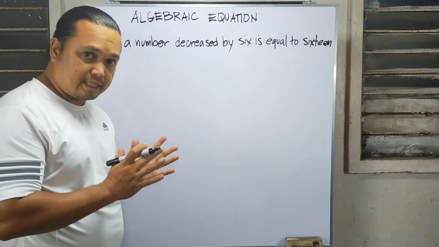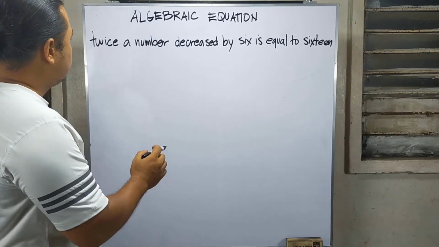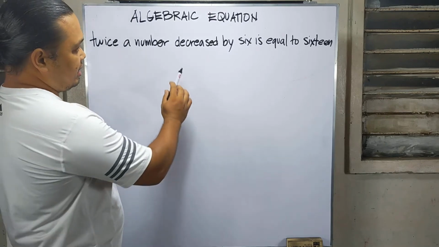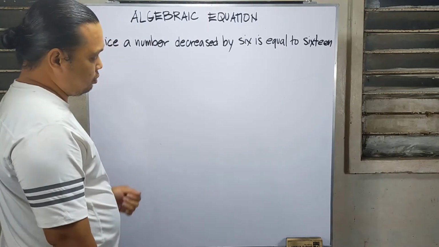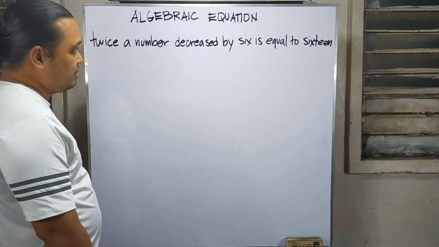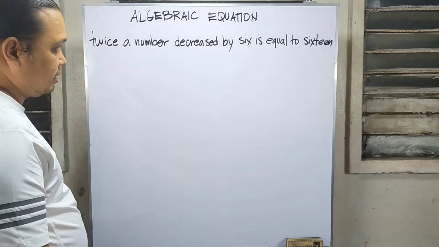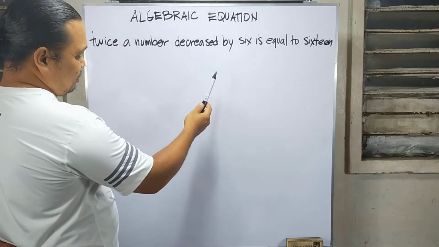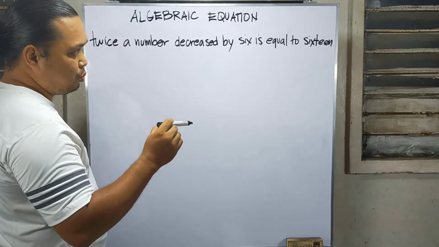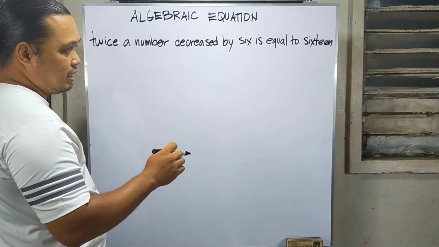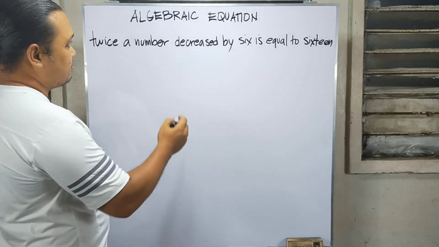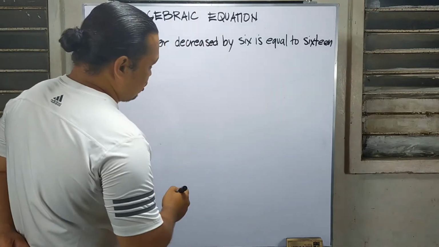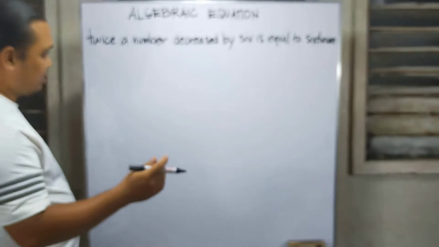For our next example, we have: twice a number decreased by 6 is equal to 16. Now, let's translate this into an algebraic equation. Let's do that one by one. Let's start from here.